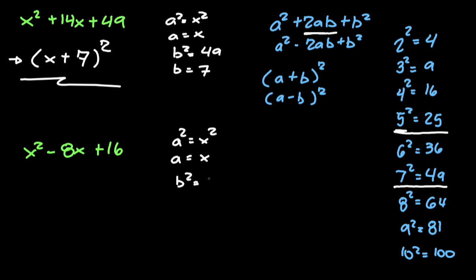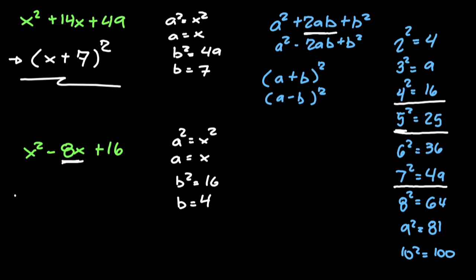B squared here would be 16, and the square root of 16 is 4. And now let's confirm whether the middle term is indeed 8x, so it would be 2 multiplied by a multiplied by b, so 2 times 4 would be 8, and multiplied by x, it would be 8x, which is the middle term.